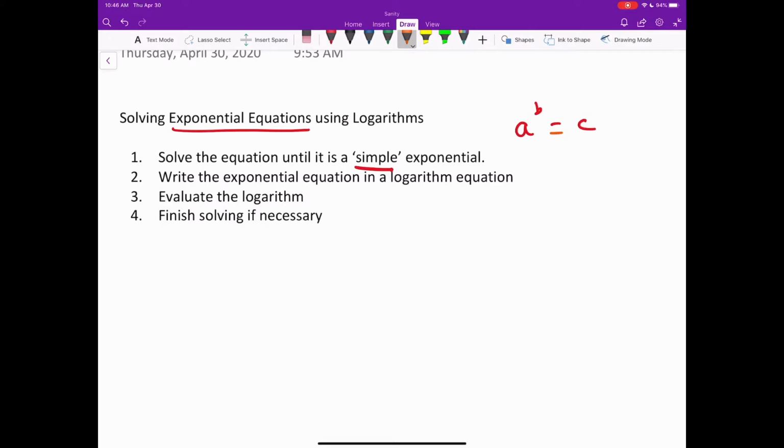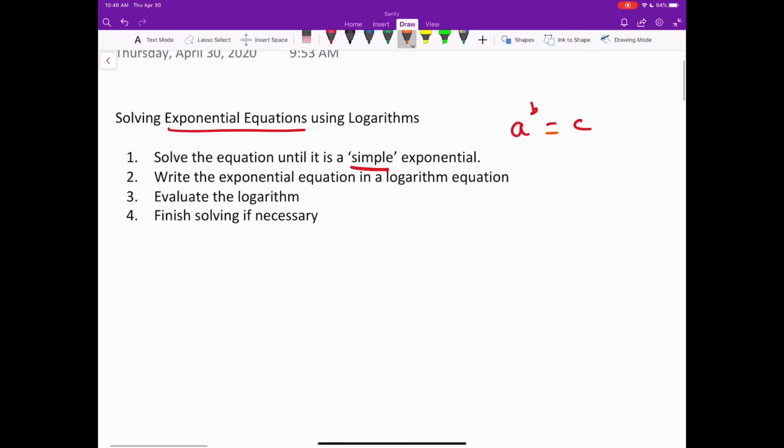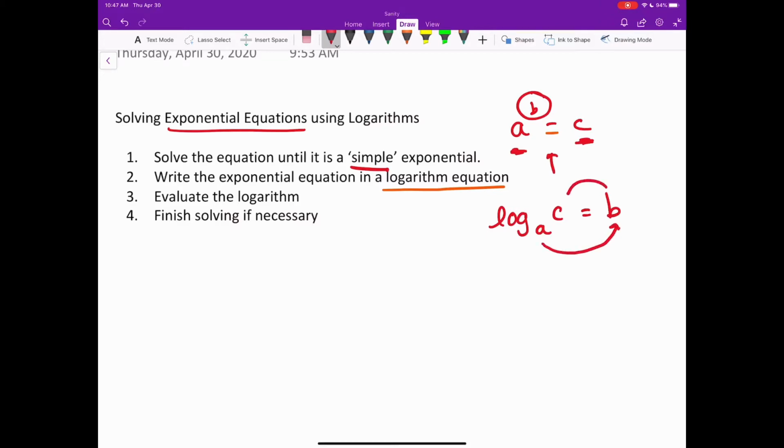Once we are there, then we can write the exponential equation as a logarithm equation. So this exponential as a logarithm would be, well, I have a base of a, so log base a of c, my answer, is equal to this exponent b. I have to raise a to the power b in order to get c.